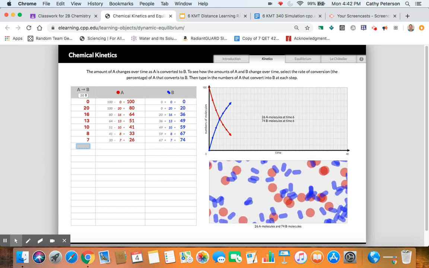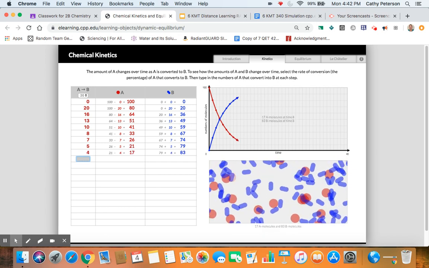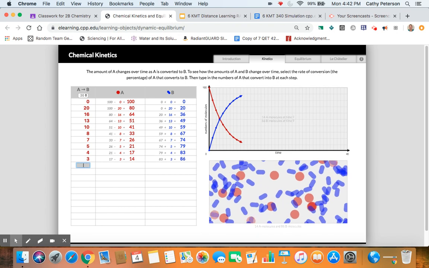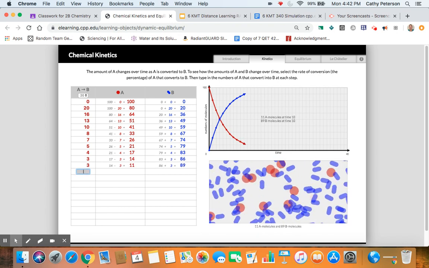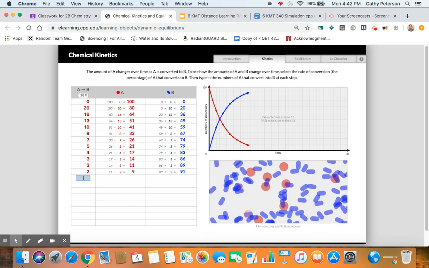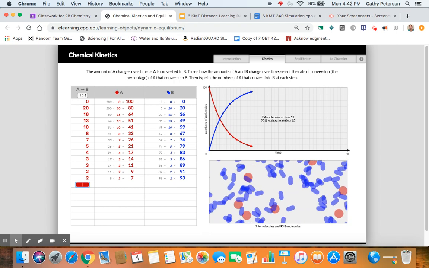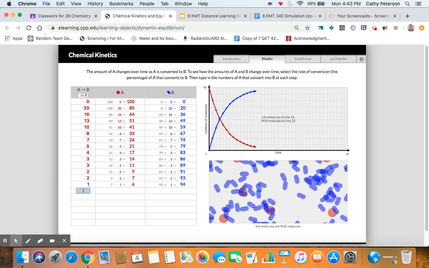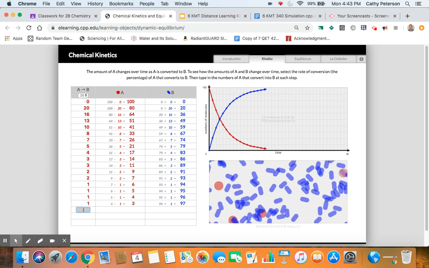So 20% here is 5, 20% is 4, 20% is 3, 20% is about 3, 20% is 2, 2. 2 is too many, so I'm going to go to 1, 20% is 1, 1, 20% is 1.